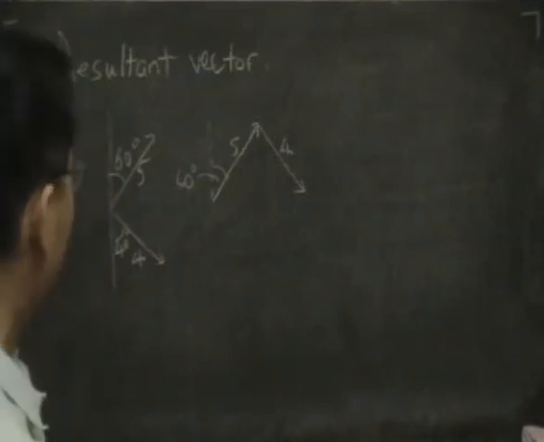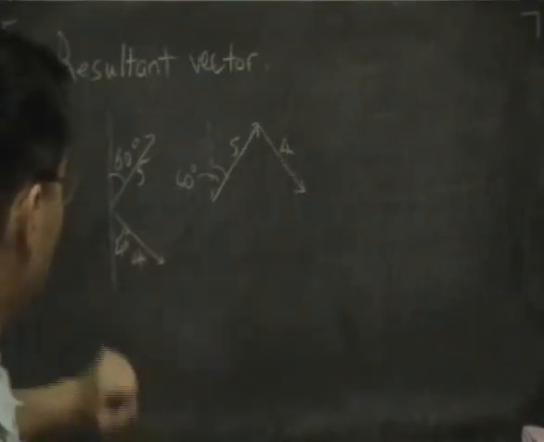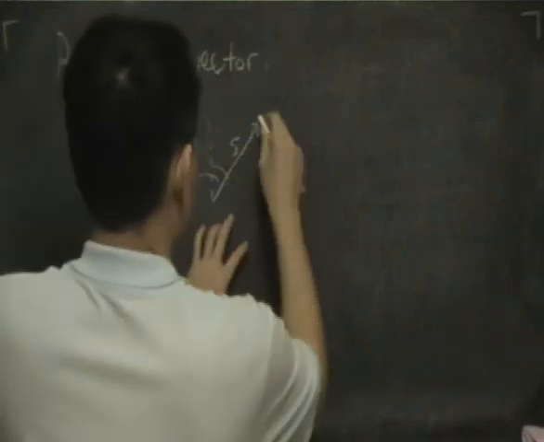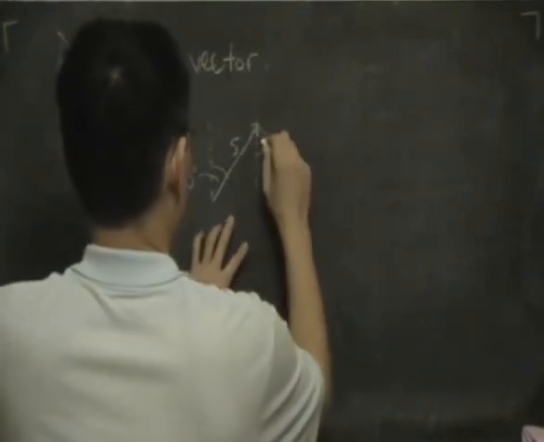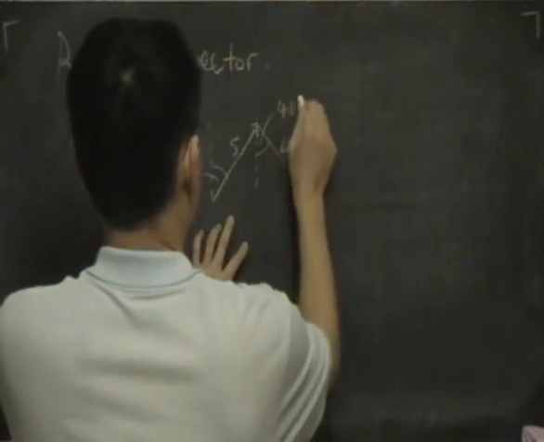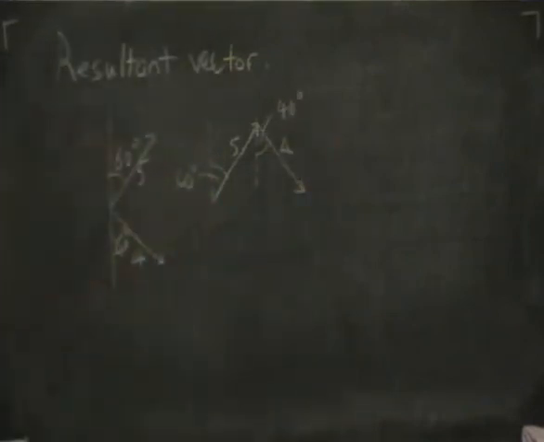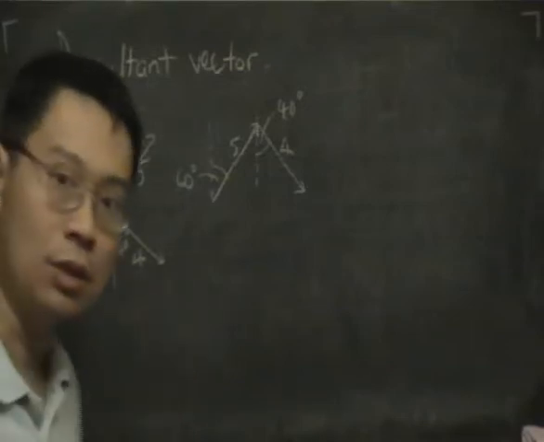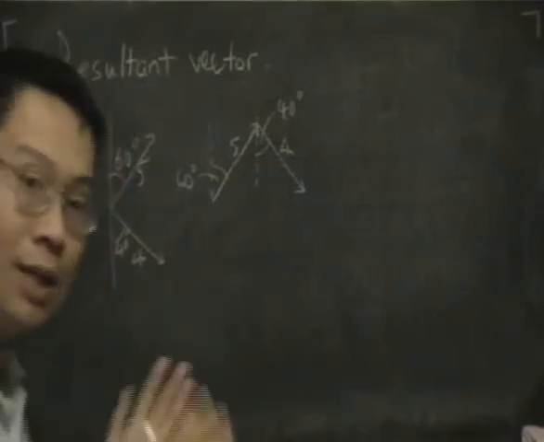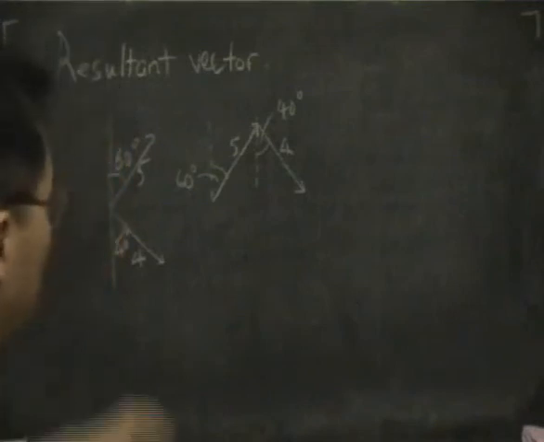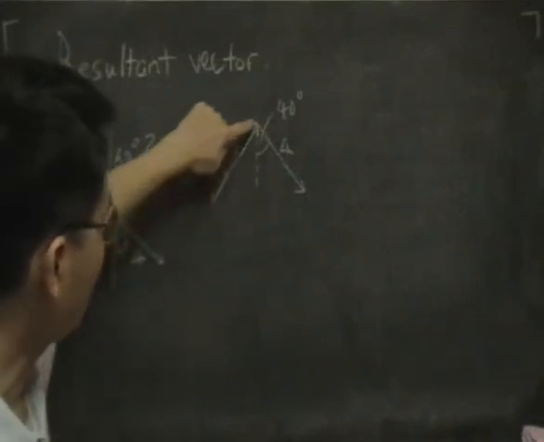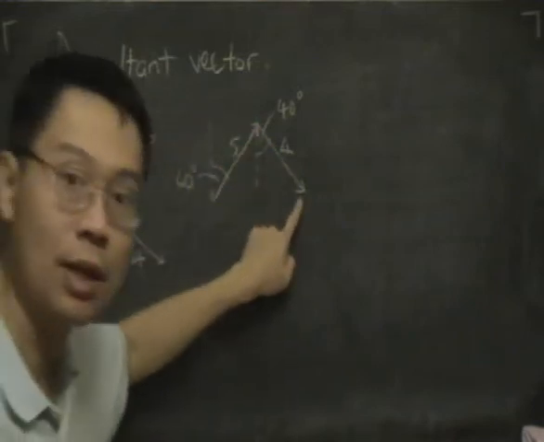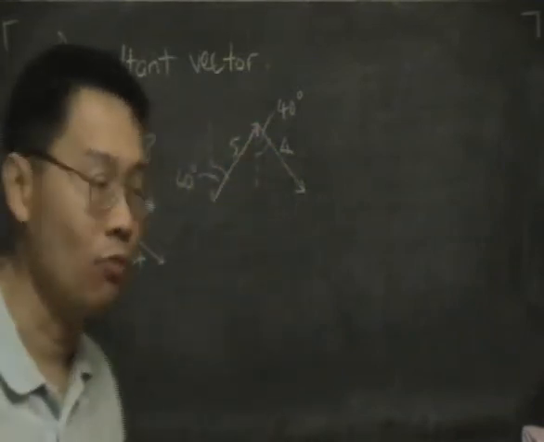Again, I must keep the distance and the direction of 40 degrees to the vertical, so that's the vertical here. I must make sure that that's still 40 degrees. So now I have arranged it in a similar way to the last example when I talked about displacement. It's like a man walking 5 meters in that direction and then 4 meters in that direction. So what is the resultant vector?